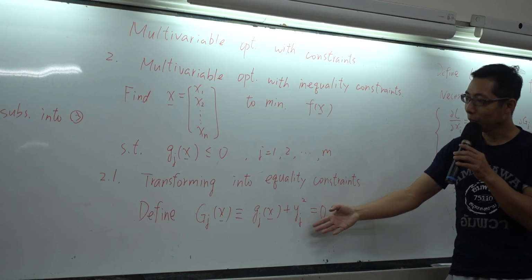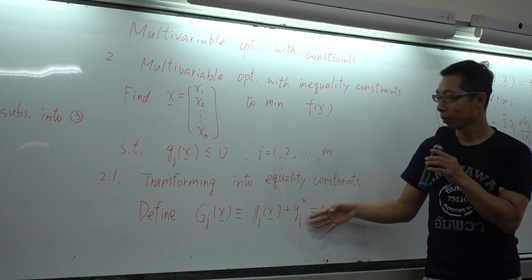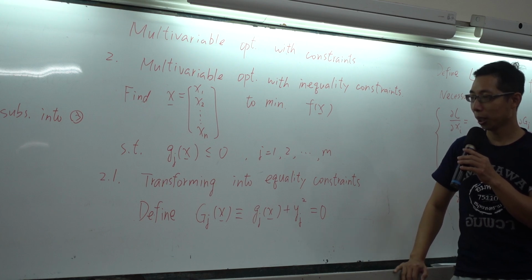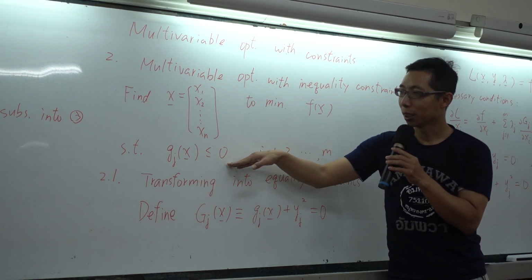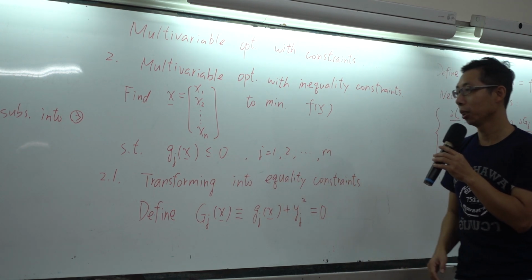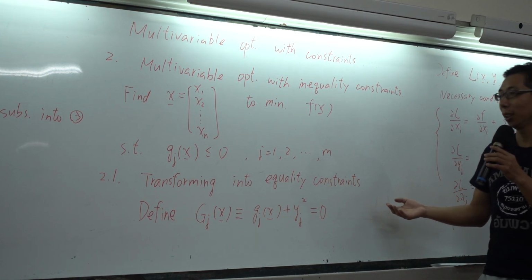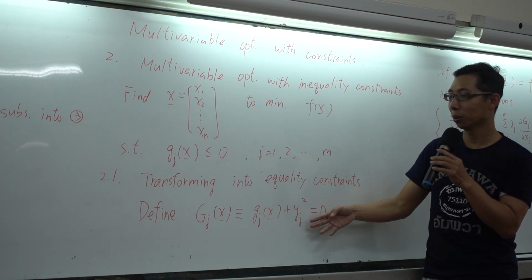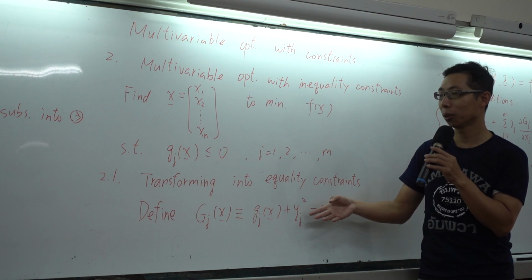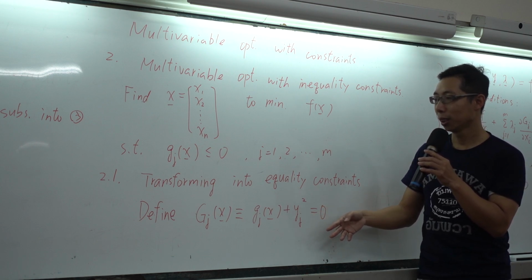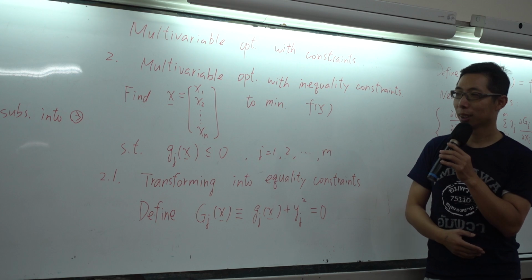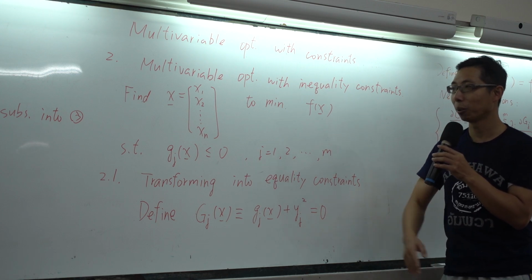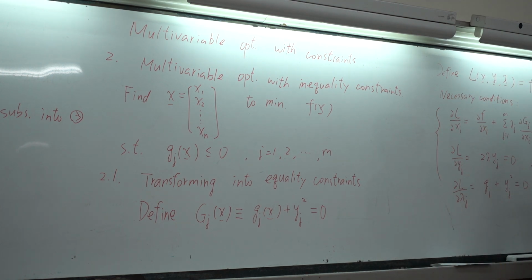Because anyway, y squared must be larger than or equal to 0. Okay, so the lowercase g, this constraint is still satisfied. Okay? Of course you can also define it without the square, but you have to remember to add one more constraint, that y sub j is larger than or equal to 0. That works, but it's a bit more troublesome because there is one more constraint. So this way is more convenient, right?